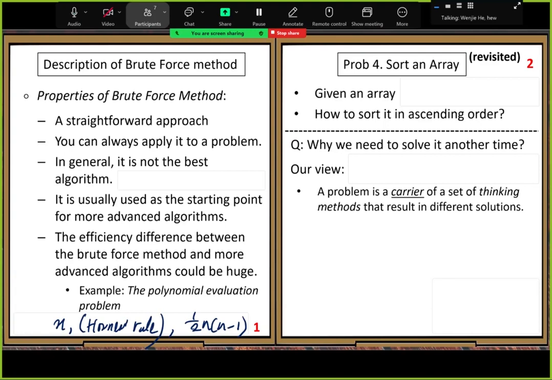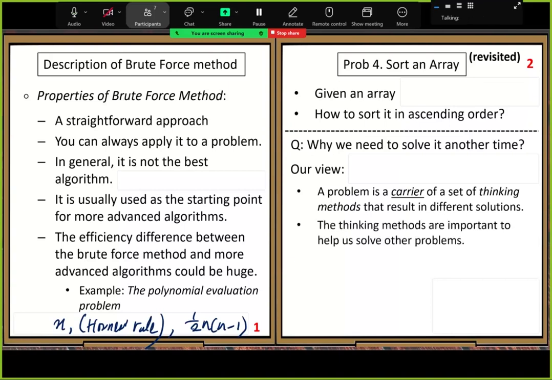Because this semester we will learn 6 different solutions. So this problem carries 6 different problem-solving methods, and those methods are valuable. We use this one problem to carry those 6 different methods. That's another way to view why we want to try different solutions.